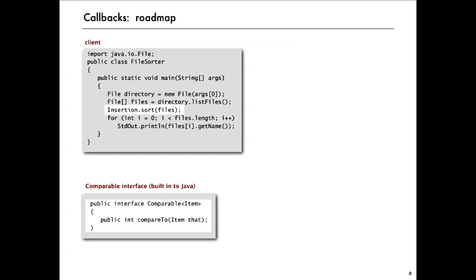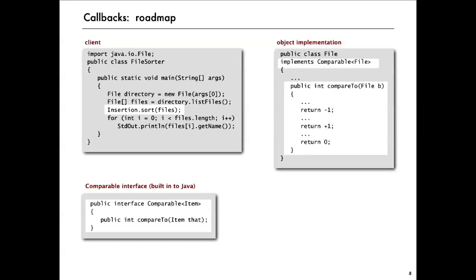Now, built into Java is the so-called comparable interface. And all the comparable interface is, is a specification that a data type that implements comparable will have a compareTo method. And it's generic, it'll be compared against a certain type of item.